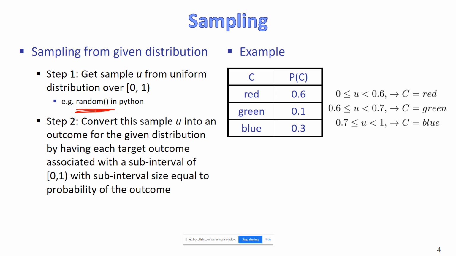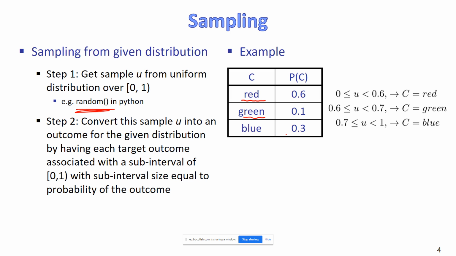How? If that number is between 0 and 0.6, I will assume that the sample is red. If that number is between 0.6 and 0.7, then I will assume that it is green. If it's between 0.7 and 1, I will assume that it's blue.